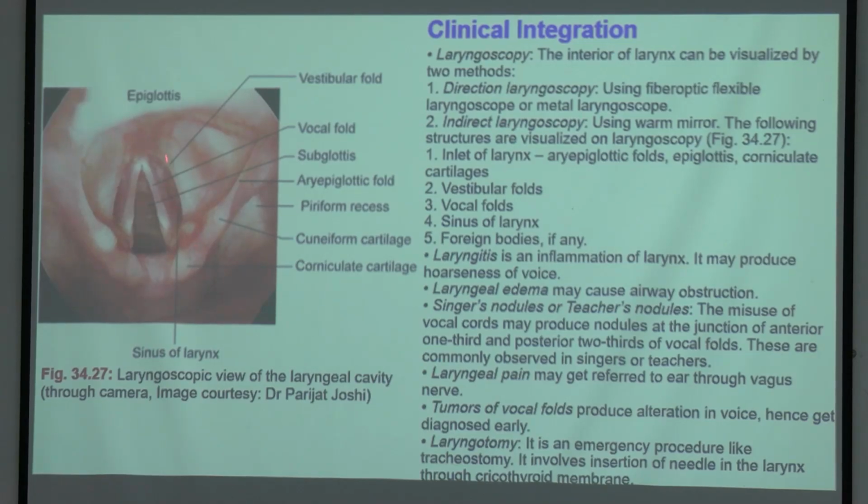Above we get the vestibular fold. This is the rima glottidis in between, and these are the vocal folds, and this is the sinus of the larynx. And this is the pyriform fossa we can get laterally. This is the aryepiglottic fold.